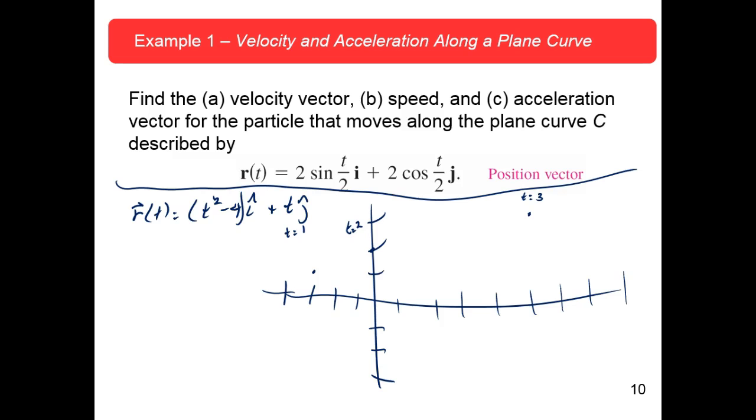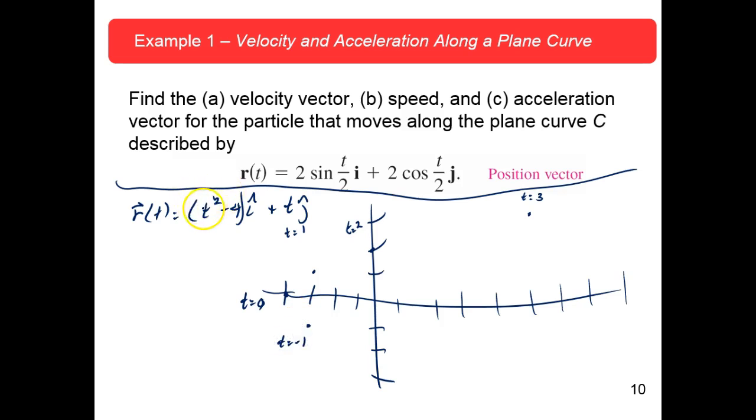t is equal to 0. What would we have? Negative 4i and 0j. So there's t is equal to 0. Let's keep going. Negative 1. Negative 1 would be 1 minus 4 is minus 3i, minus 1j. So there it would be t is equal to minus 1.